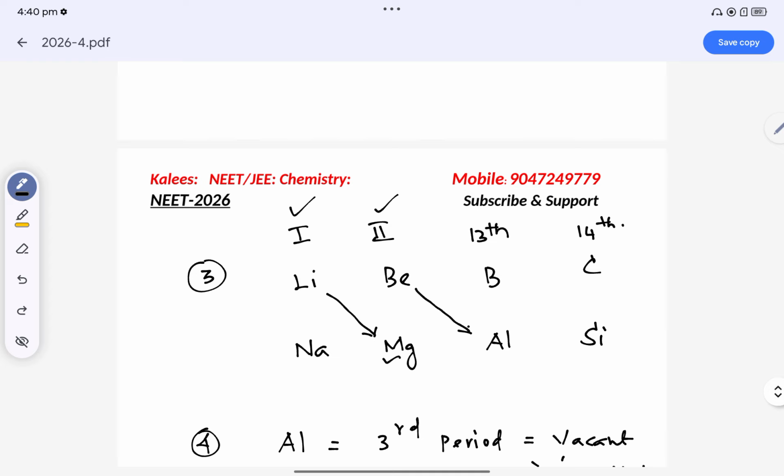Similarly, beryllium and aluminium may have a diagonal relationship, and the properties will be similar. Similarly, boron and silicon may have the same properties. That is called a diagonal relationship. So the third option is also right.